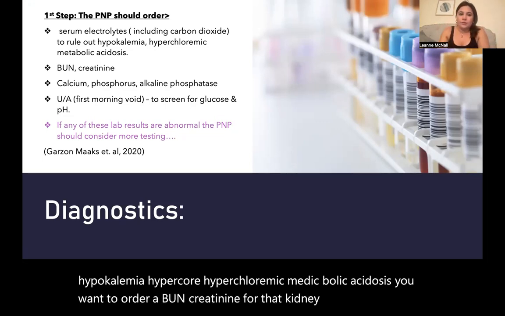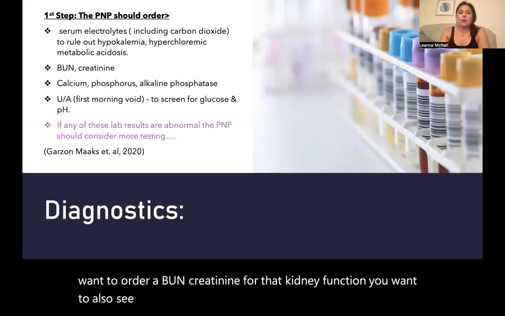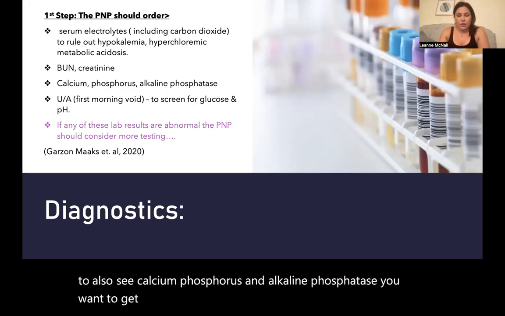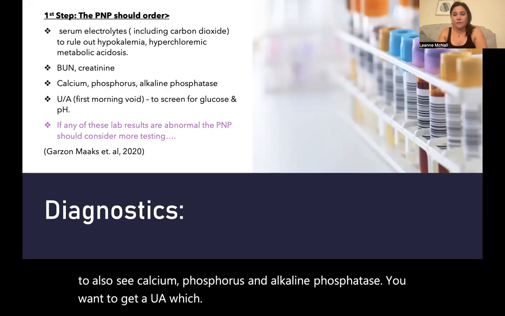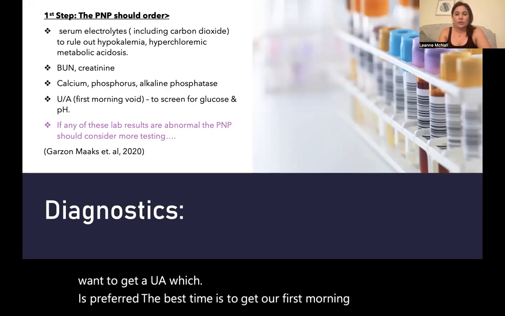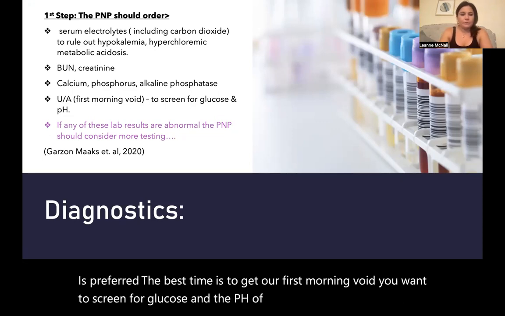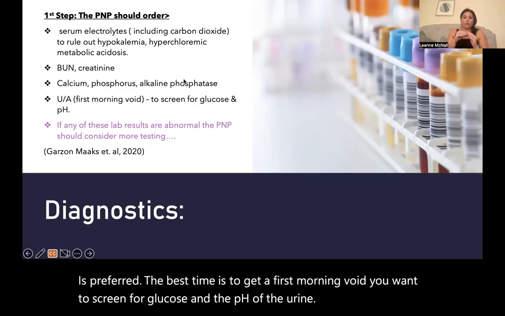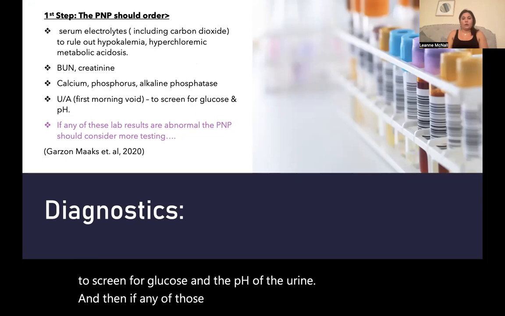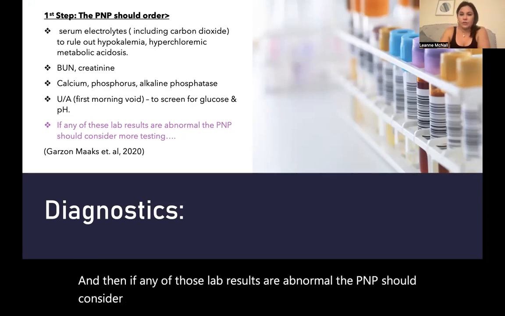You also want to see calcium, phosphorus, and alkaline phosphatase. You want to get a UA, which is preferred. The best time is to get a first morning void. You want to screen for glucose and the pH of the urine. And then if any of those lab results are abnormal, the PDNP should consider extra testing, which is on the next slide.